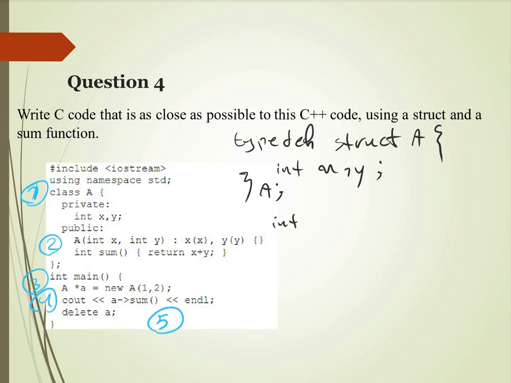We have a sum function, and we will keep the name as it was. Now we cannot pass X and Y because X and Y are members of the struct. So what I'm going to pass is an object of this struct, which is a pointer to A, and then I'm going to return whatever I would like to do, which in this case is A->X plus A->Y, and then I'm done.